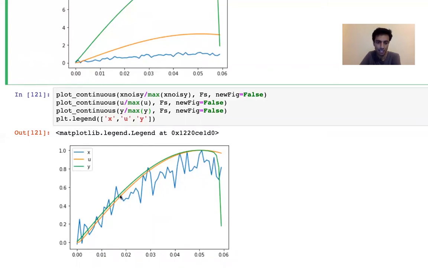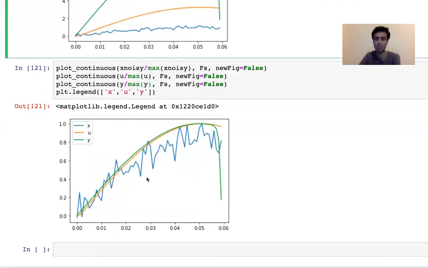So what you see here is my u has a slight delay, right? The orange signal is slightly delayed, but my y has no delay, it comes back. It's not very clearly visible here because the filter given in the example didn't have much delay in it, but this is the idea that the delay will be 0 with this time reversal implementation of zero phase filters.